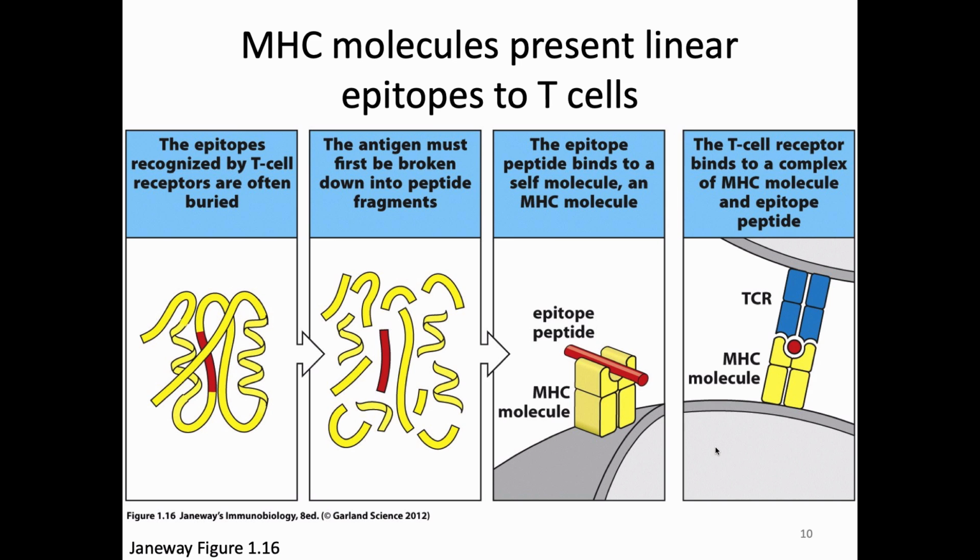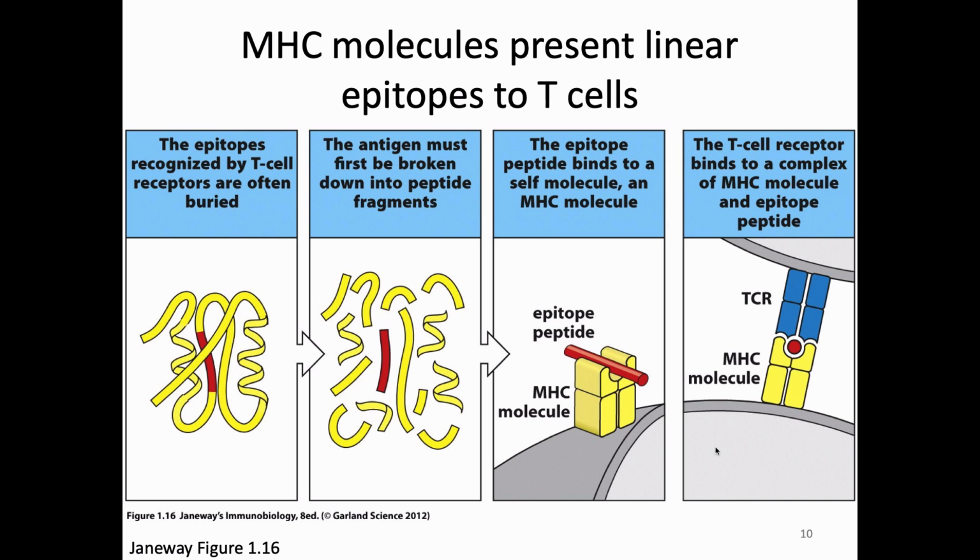So the antigen gets broken down and cut up, and some little string of peptides gets bound to the MHC molecule in its peptide binding cleft and then shown to the T cell. Friday and Monday are largely going to focus on how we break up the antigen and get it to the MHC and bind it. Here we're thinking more about the structure.